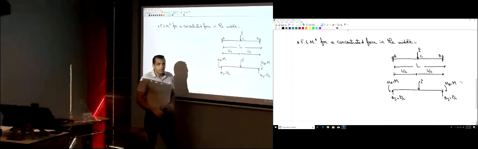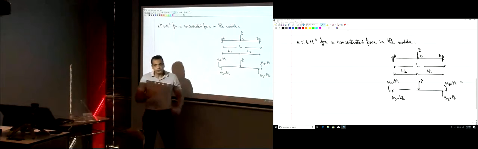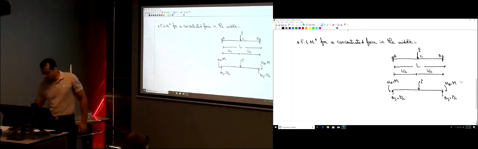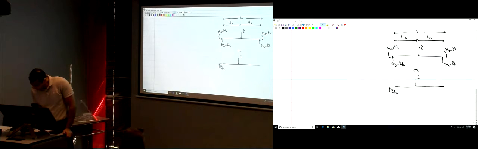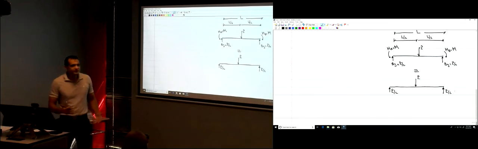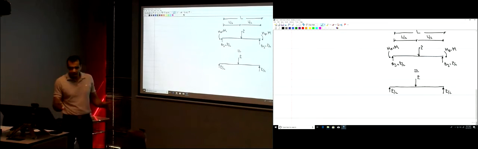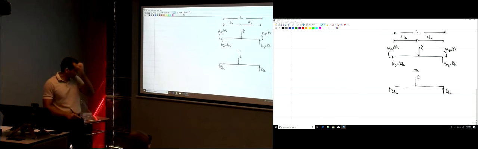So here, in this beam, this is the free body diagram of our beam, right? I'm going to break it into two different beams. So this beam is equivalent to: I'm just going to have P here along with P over 2 and P over 2. This is actually a single beam, right? Just forces. There are no moments.